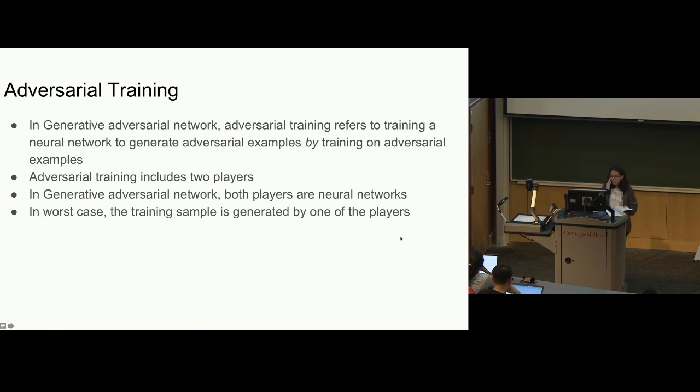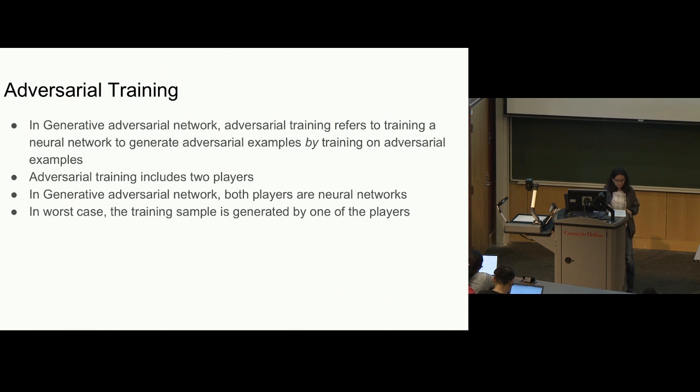The second basic idea is adversarial training. Adversarial training is a more general idea and was there before GANs were introduced. And GANs are a specific type of adversarial training.